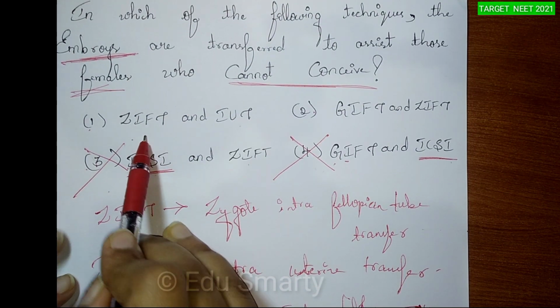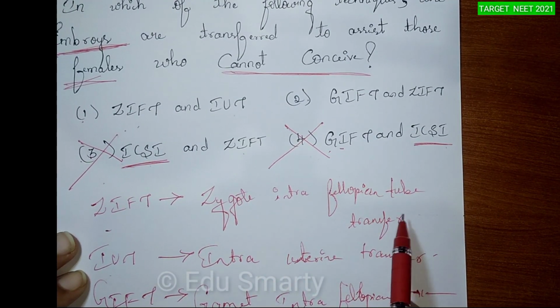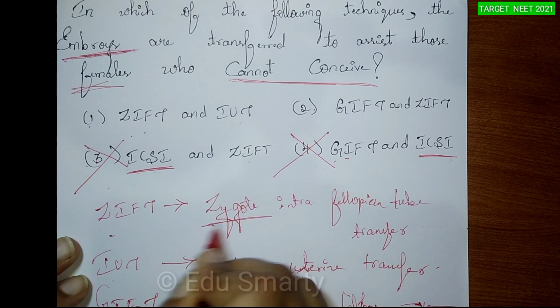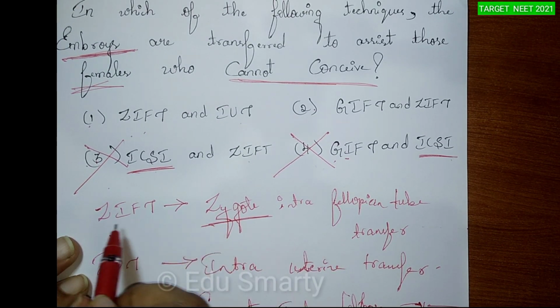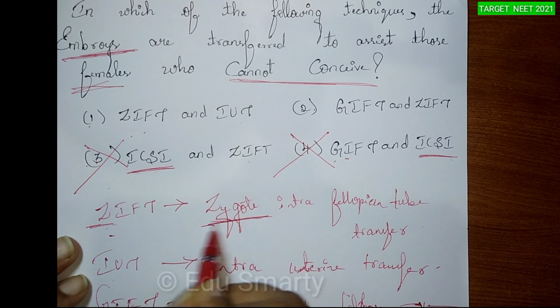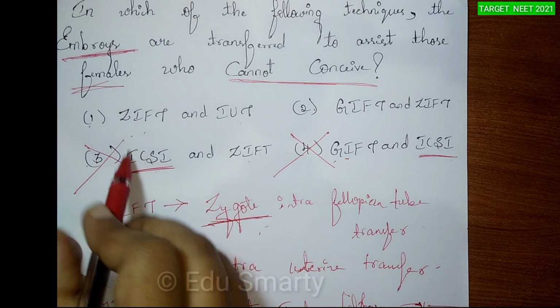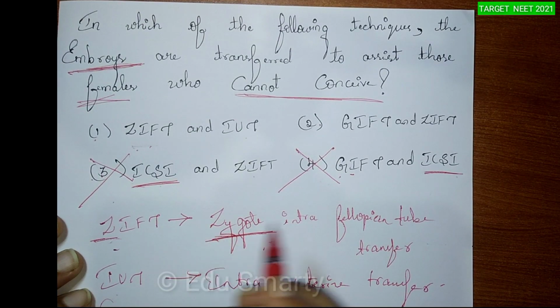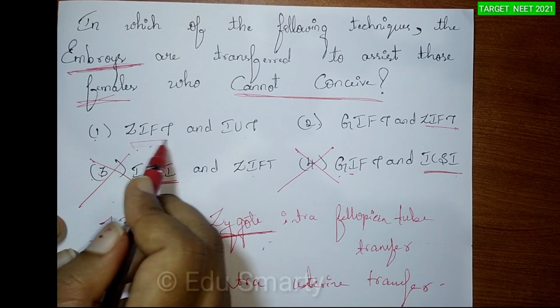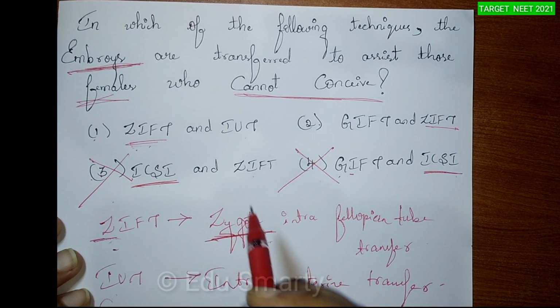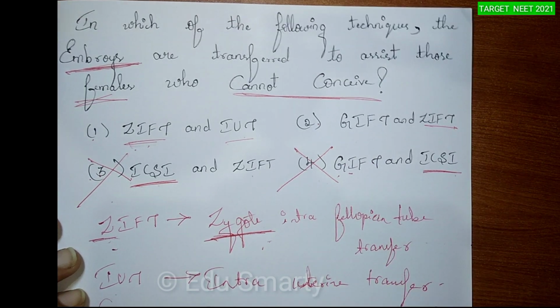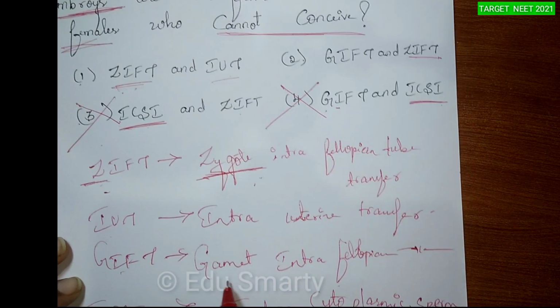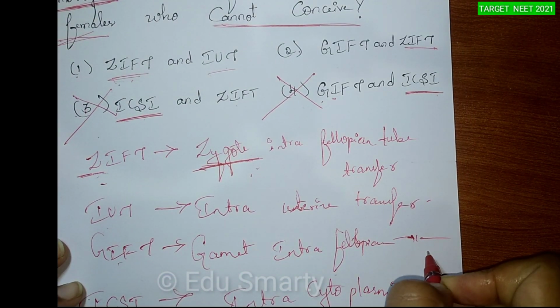Here ZIFT means zygote intrafallopian tube transfer. Zygote means here embryo. Here in the full form only we are getting embryo. That means they are going to transfer embryo in this technique. So we are having ZIFT in both the options. Now we need to know about IUT and GIFT. GIFT means gamete intrafallopian transfer.